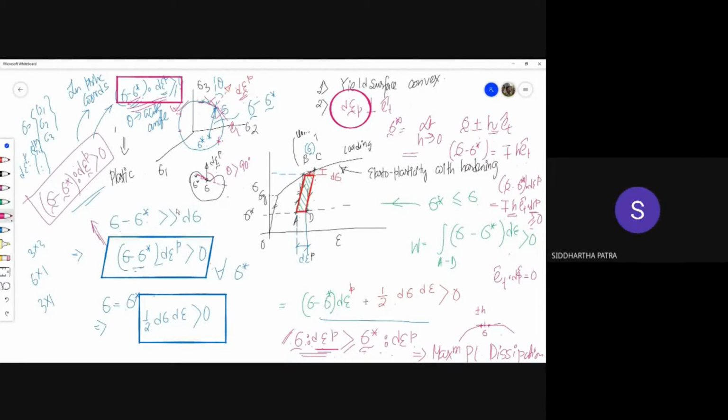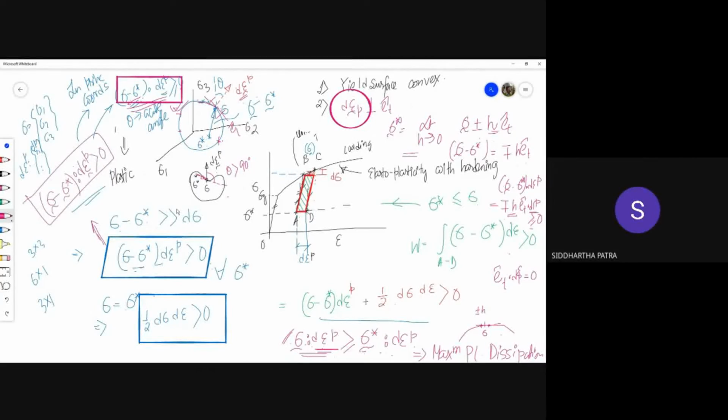So it will assume that particular value on the yield surface that actually makes the plastic dissipation maximum.